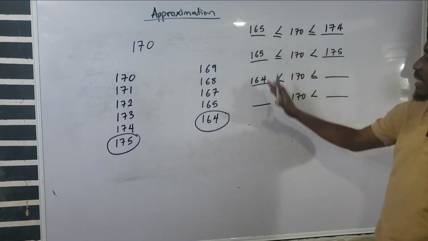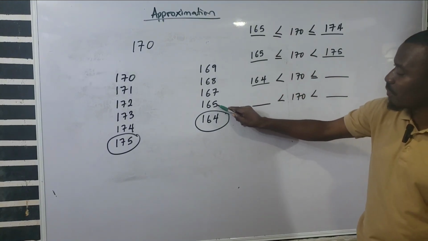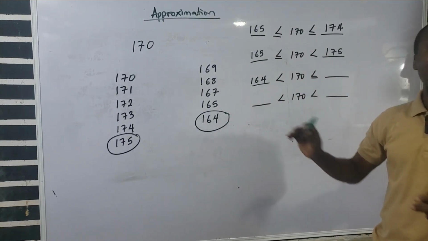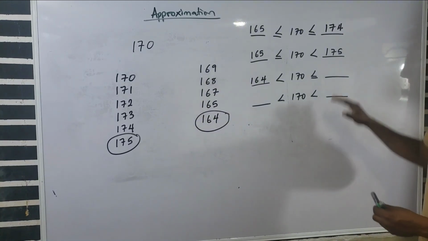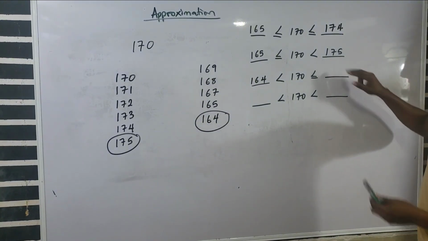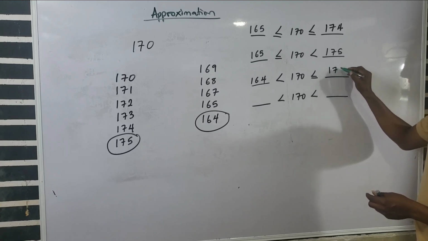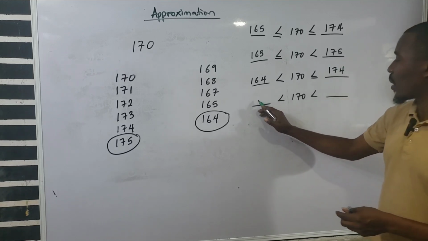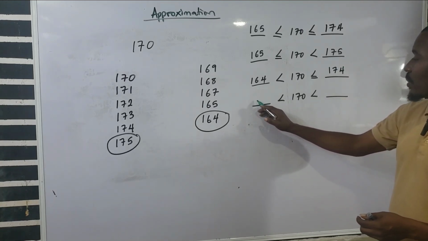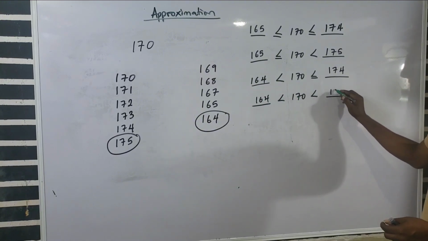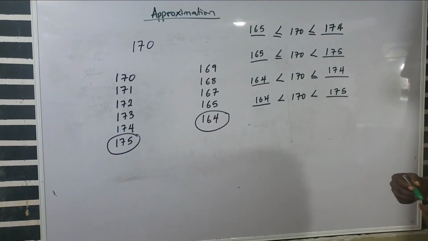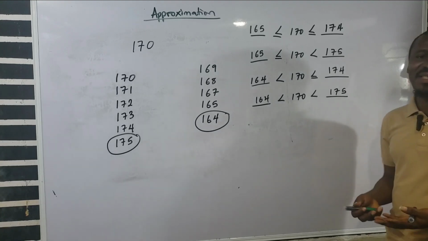So let's deal with the integers, because after this number, the next number I'm going to have is this, in the set of integers. So coming down here, we have 174. Then this one will give us 164, and this one will give us 175. So I hope you understand this limit.